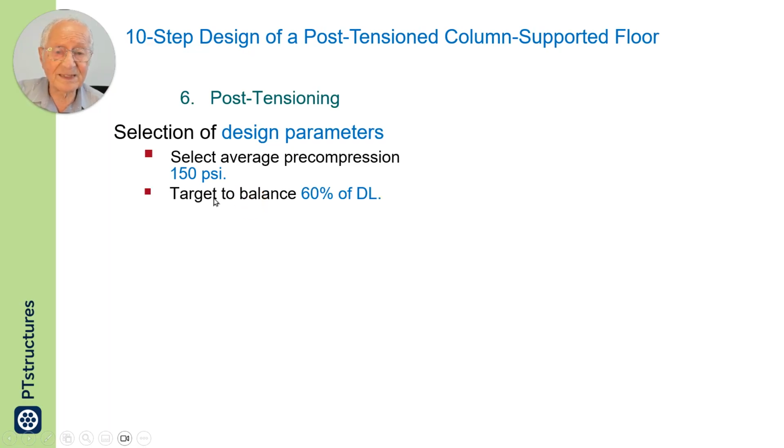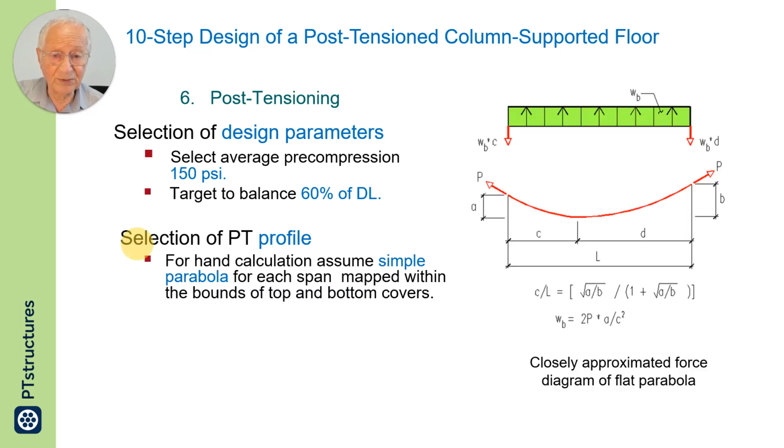Now, what percentage of dead load do we balance? This is our assumption. I have assumed 60%. It's not often economical to balance more. So these are the two assumptions which are not arrived at from the design, but are input by you as an engineer.